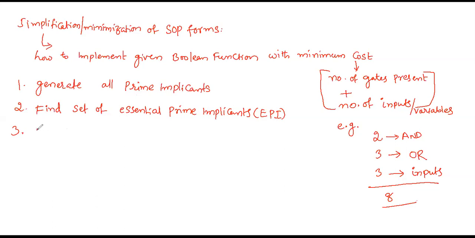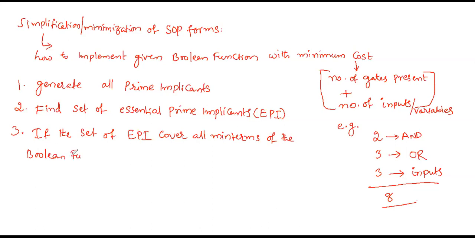Third step, if the set of essential prime implicants cover all minterms of the Boolean function or logic function, then the set is our desired expression.